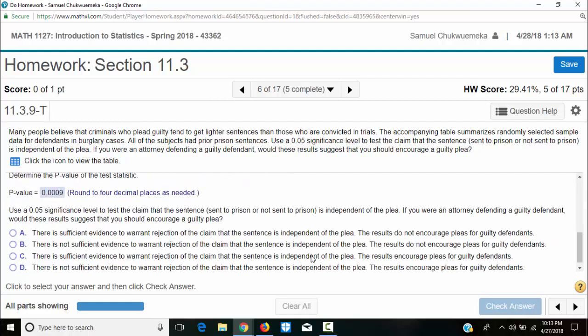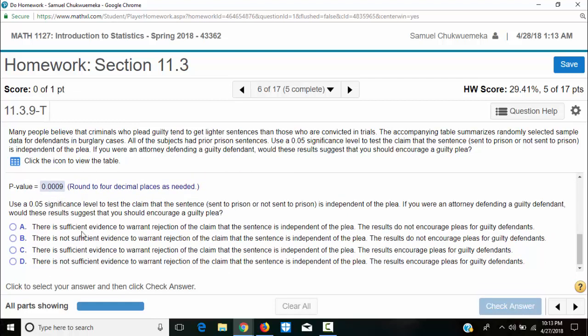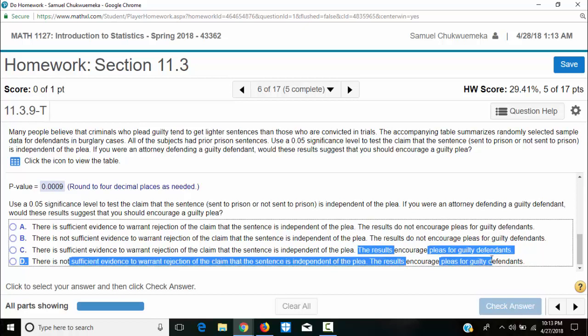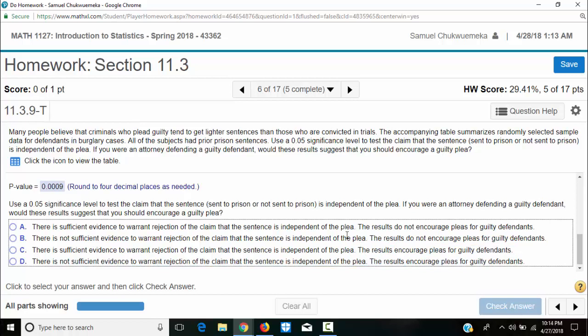So when you look at this, look at A and C. The decision and the conclusion are right for A and C, but now the interpretation: do the results encourage pleas for guilty defendants or for not guilty defendants?